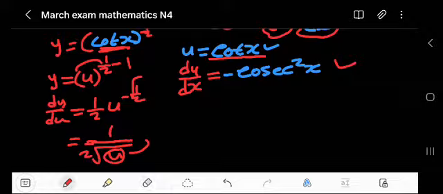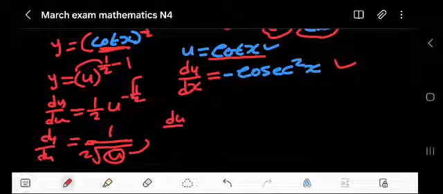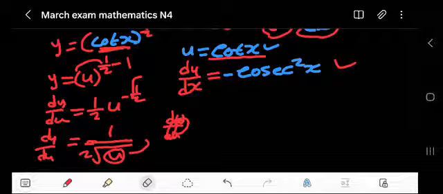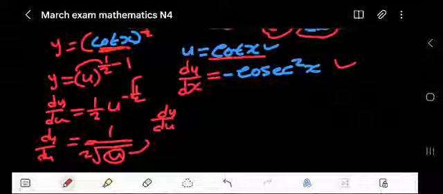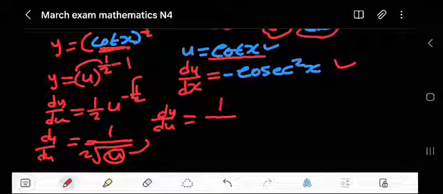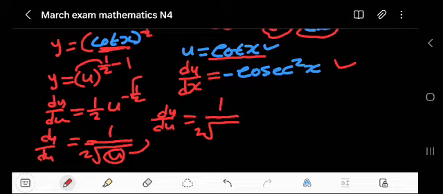We still have dy over du, but now dy over du will be equal to 1 over 2 times the square root of u, and u is the same as cot x, so that is what we have there.